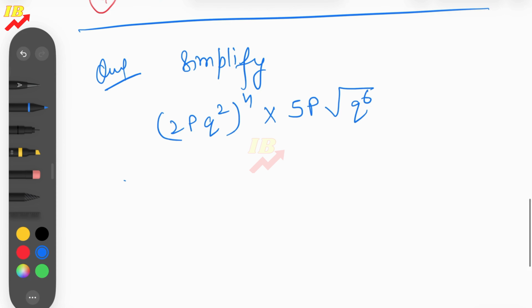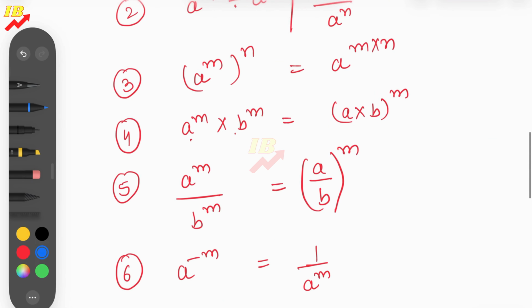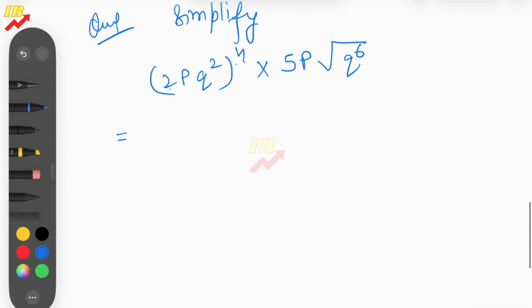What I mean is you're seeing 2p squared whole power 4. I gave you a law here, right? If you have something like this in whole power, then you separate it by applying the power to each factor. That means it is 2 to the power 4, p to the power 4, q squared is already there, and power whole 4.